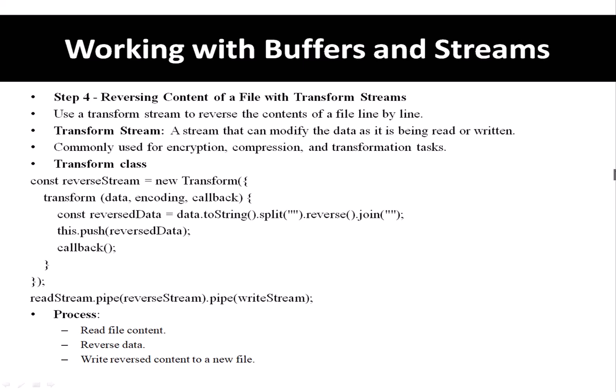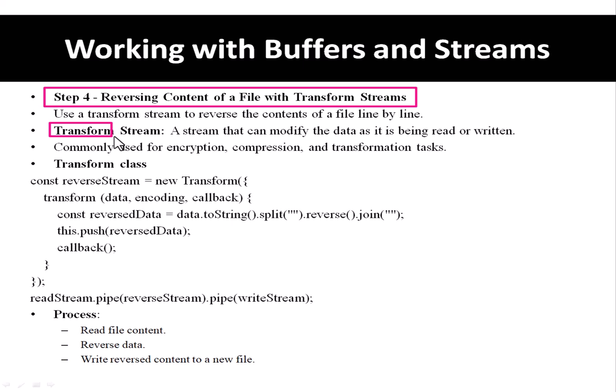Next, reversing the content of a file with transform streams. Here we are using a stream called a transform stream, with which you can reverse the file. Basically, a transform stream can modify the data that is being read or written.